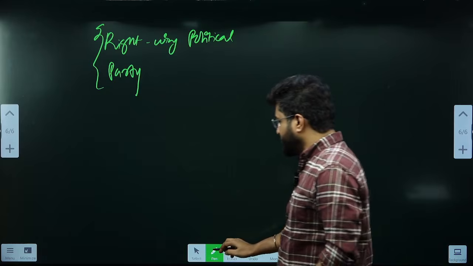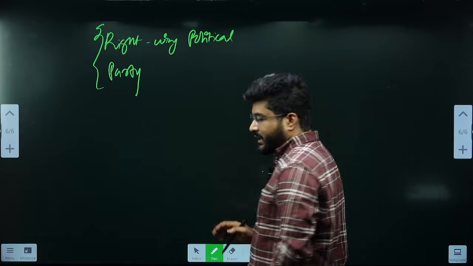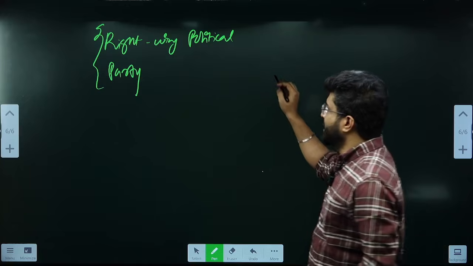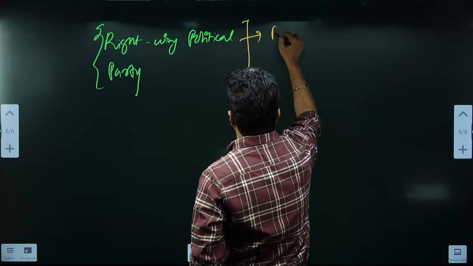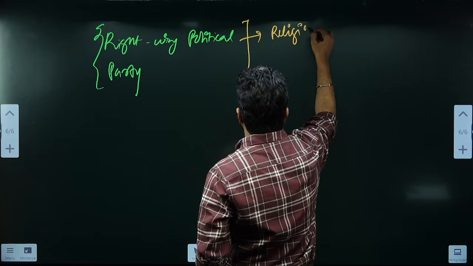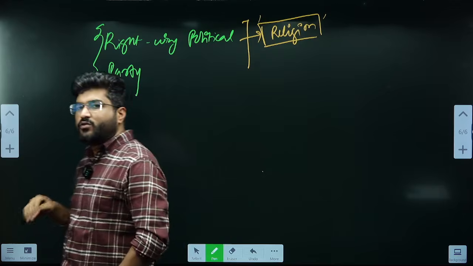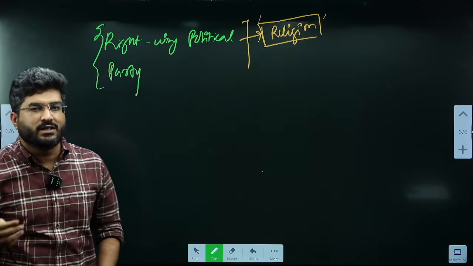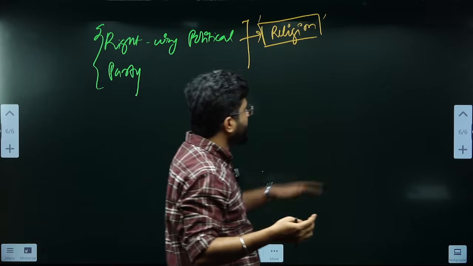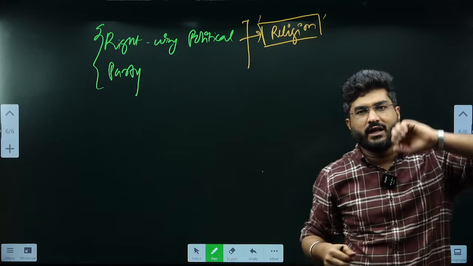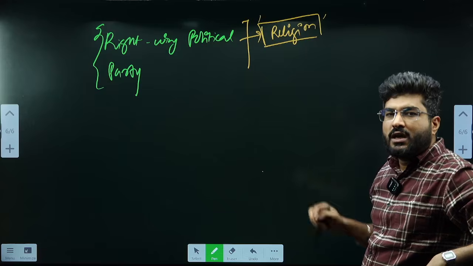They try to disseminate their information with the help of religion. That there is a need to change this political setup, a need to change the life of people. Why? Because religion has been targeted here. So hence they always use religion.